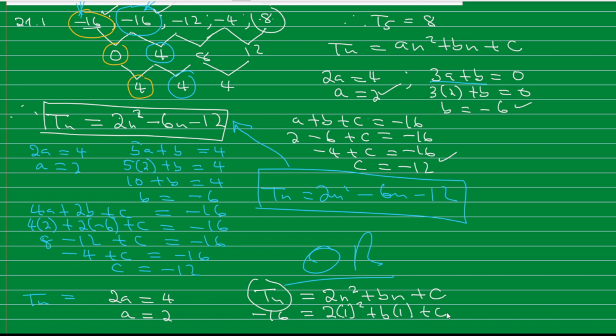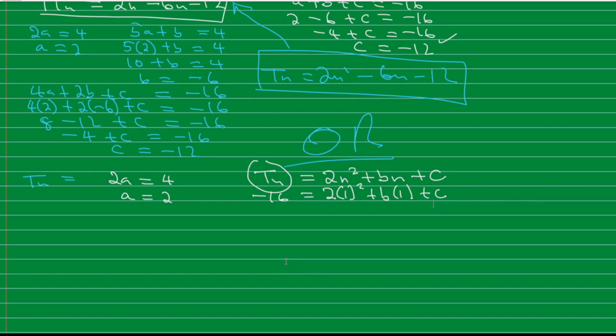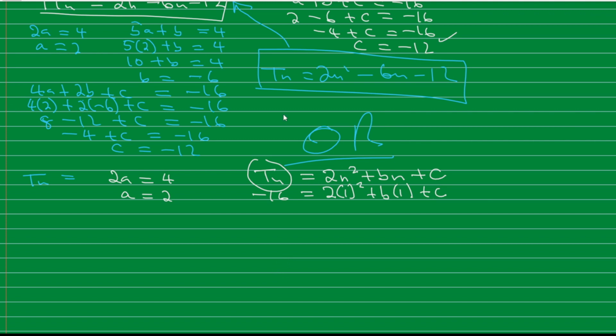So you find that you are going to get an equation which you are going to solve. Let's simplify that one. Negative 16 is equal to 2 plus b plus c. So it means b plus c will give us negative 18. I'll call that equation 1. Okay, so I have used the T1 here.